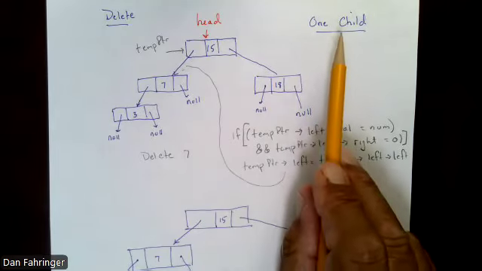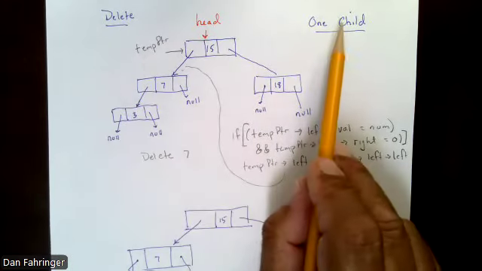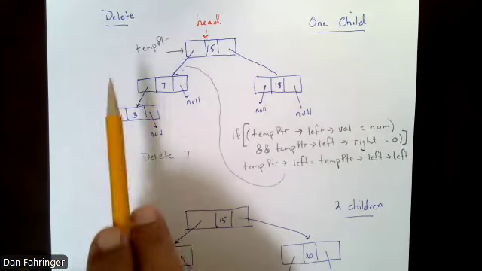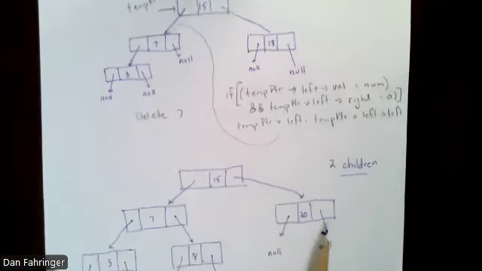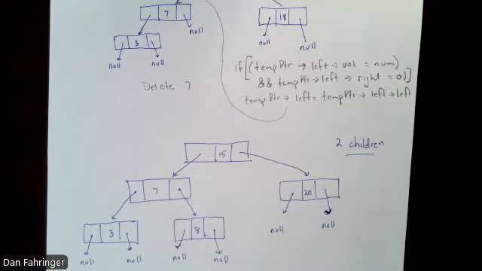Again, this is one child. Remember, we could delete this head. We could be deleting one child where it has one child to the left, one child to the right. We could be deleting something that has 2 children. What if I said, now delete 7? How's this guy going to work?